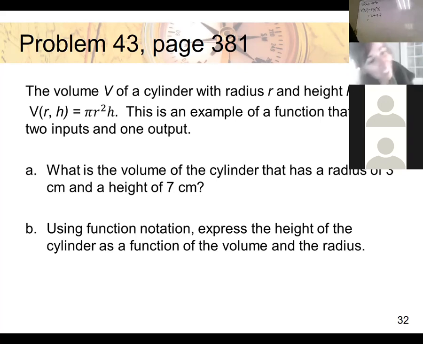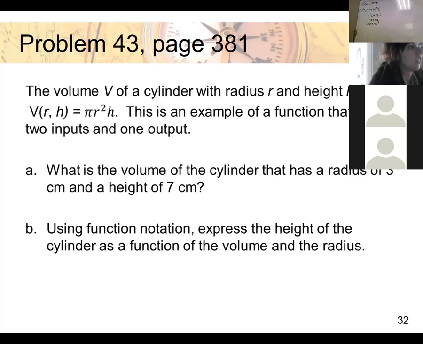So in this case, now if they want that to the nearest whole number, what would that be? 198. And they want this in centimeters, so it's cubic centimeters, because volume is in cubic units.